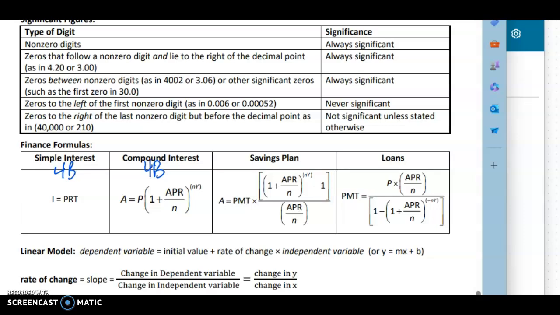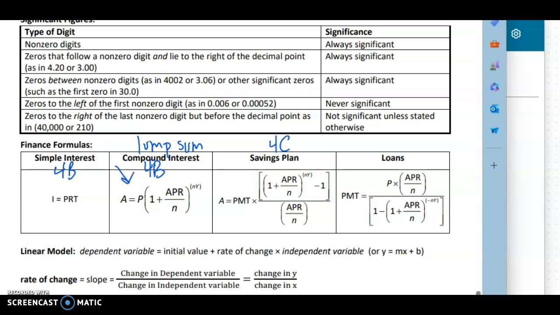And the savings plan one, now this also involves compound interest. This is used in 4C. The difference between the two of these is that the compound interest is in a lump sum. So if you make a large deposit all at once at the beginning, that's when we use this compound interest formula.